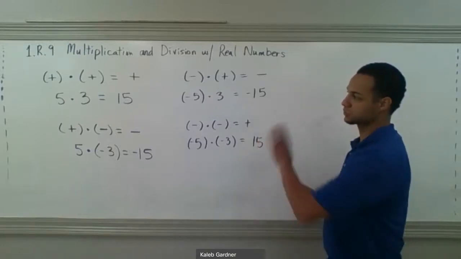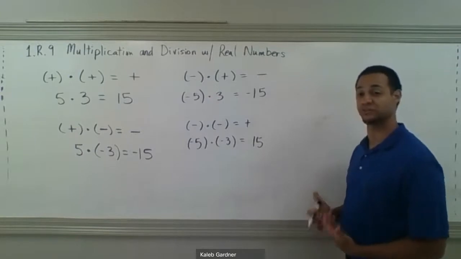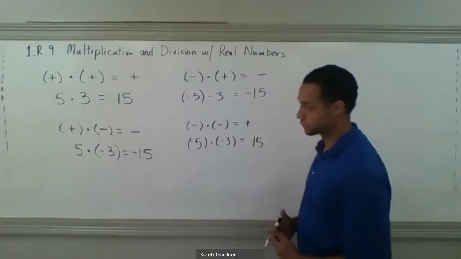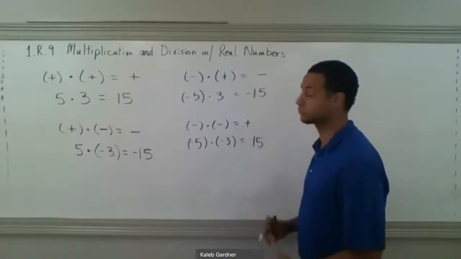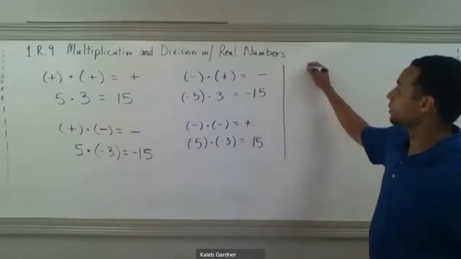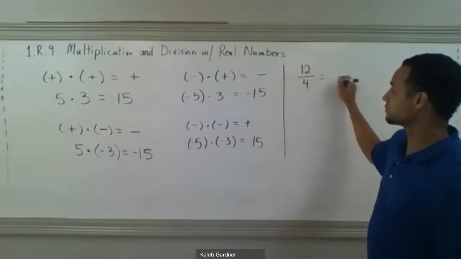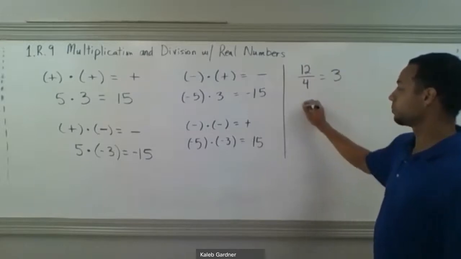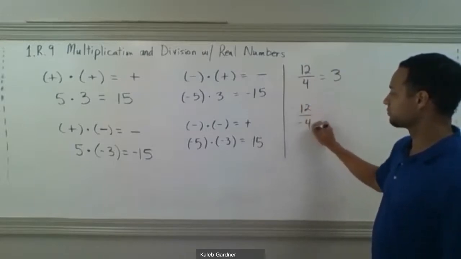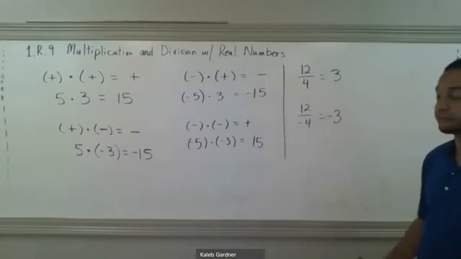Okay, here are our rules. Again, the same rules work with division. So if we had a positive divided by a positive, let's say 12 divided by a positive, it gives us positive. A positive divided by a negative gives us a negative.